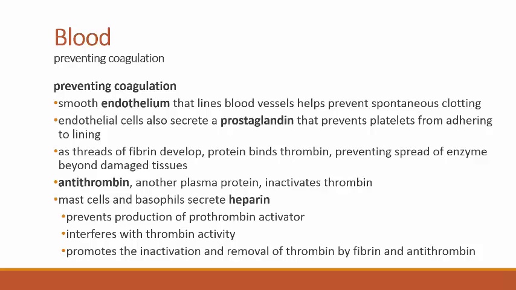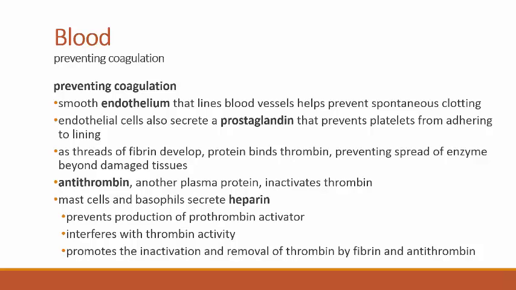Heparin is an anticoagulant, and it's an anticoagulant because it prevents the production of that prothrombin activator. It interferes with the activity of thrombin to break apart fibrinogen, and it also promotes the inactivation and removal of thrombin by the fibrin fibers that develop and by antithrombin. So heparin is there as an anticoagulant as well.